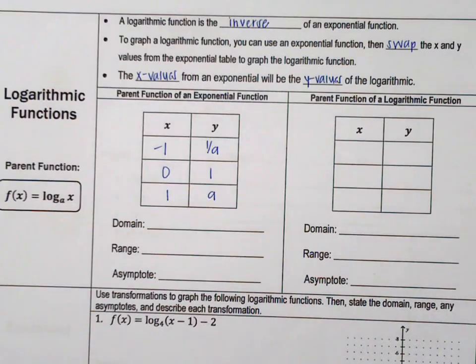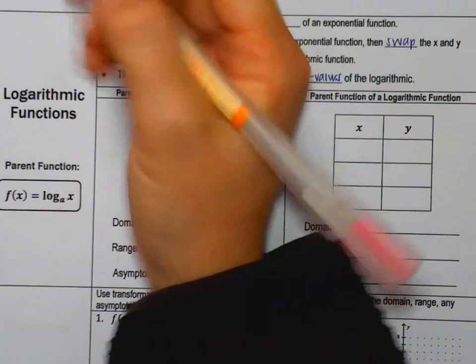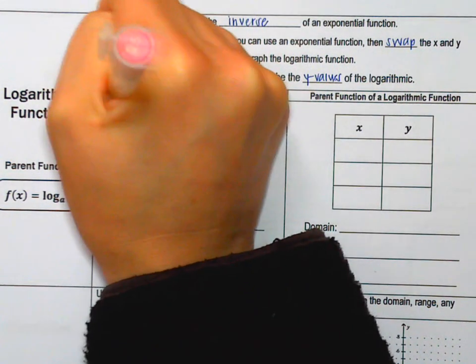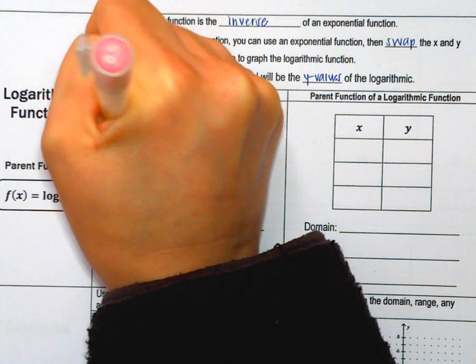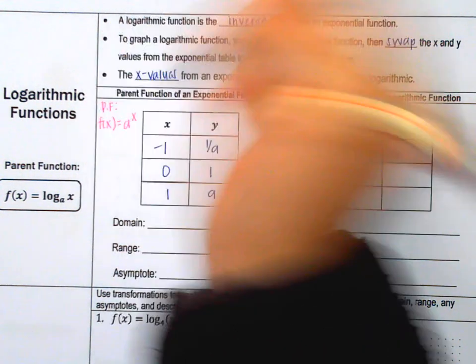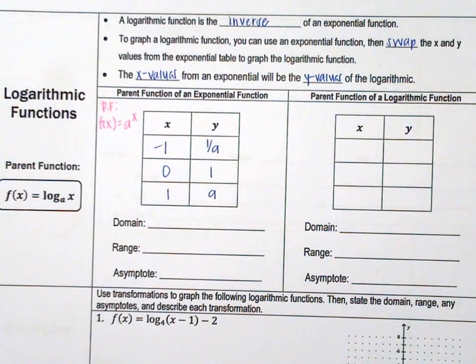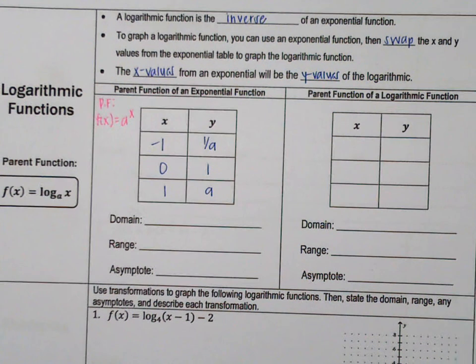Assuming the parent function is f of x equals a to the x power, where a can be any base. It can be any positive number, always positive, because the negative causes a reflection, but it can be a whole number, a fraction, whatever.